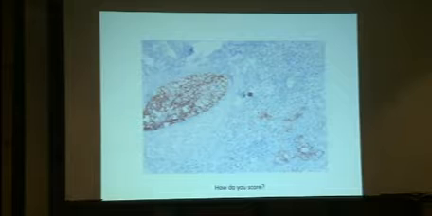If you want to do it for research purposes, you can, of course, but for scoring, if you have an invasive tumor plus in situ, you only score the invasive. If it's only in situ, you don't have to do HER2.